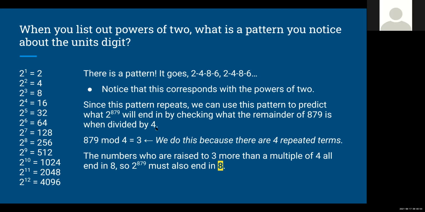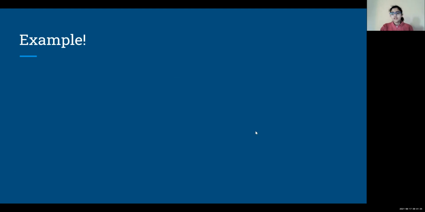The AMC has asked questions like find the 100th digit of 1/7, which is a good one. 1/7, when you write it out as a decimal, has a cycle of 6 digits. So you can use mod in that sense too. It's not only for exponents, you can use it for finding the nth digit after the decimal of some fraction.